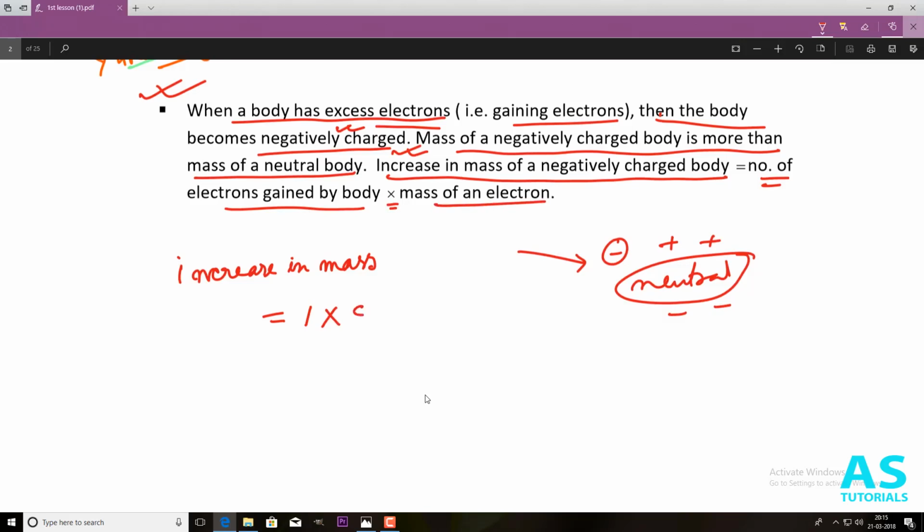So this is 9.1 times 10 negative 31 kilogram. So this is the increase in mass.